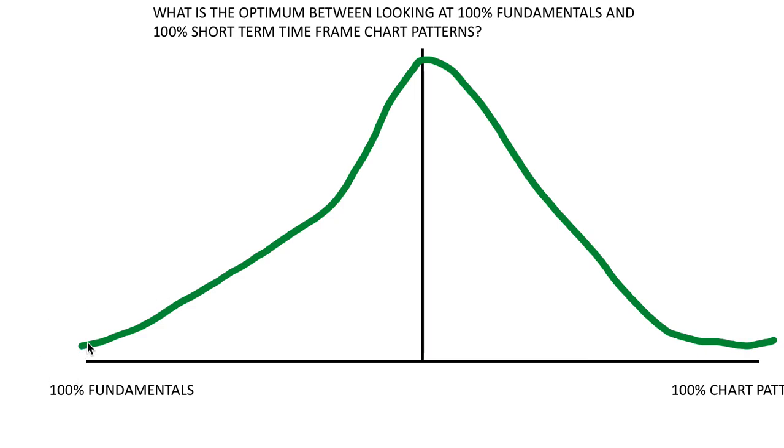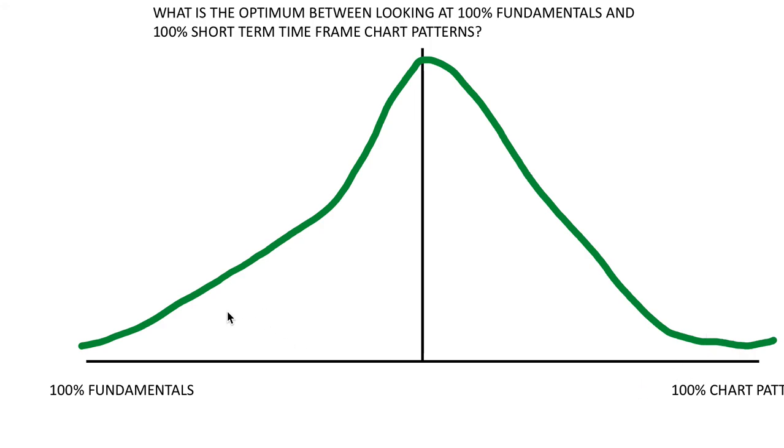There are those that use 100% fundamentals and never look at a chart. And I just drew this out. And there are those who look at 4-hour charts and trade only based on chart trends, lines on chart, patterns, chart indicators.